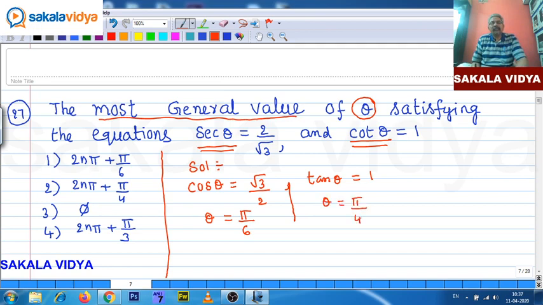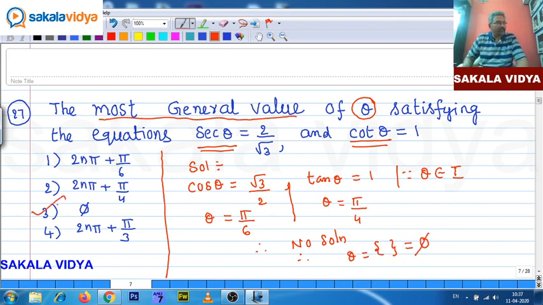We are getting different solutions, both in the first quadrant. So theta equal to pi by 6 and theta equal to pi by 4 cannot satisfy both equations simultaneously. That means no solution. Therefore theta is the empty set, so the third option is the right option.